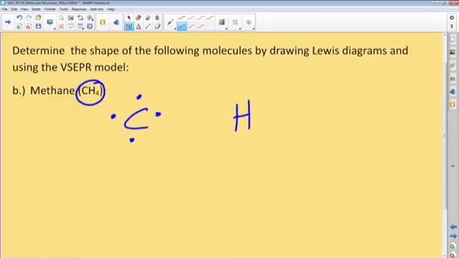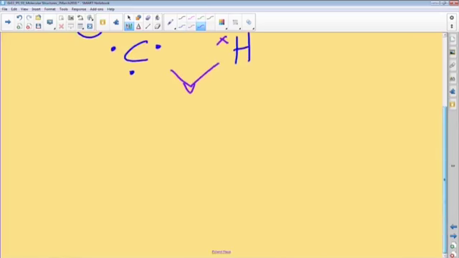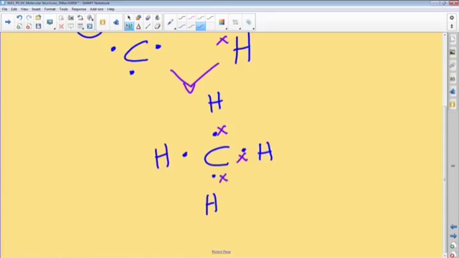My hydrogen, I'm going to represent with a little X. And if I put the two of them together, and this time I will try and remember to give myself enough space, I'm going to have C as my central one. 1, 2, 3, 4. And then I'm going to have H, H, H, and H. And then let me not forget my electrons that belong to hydrogen.